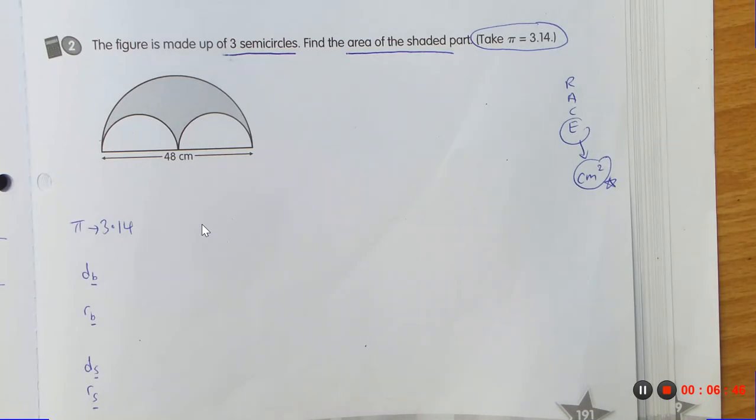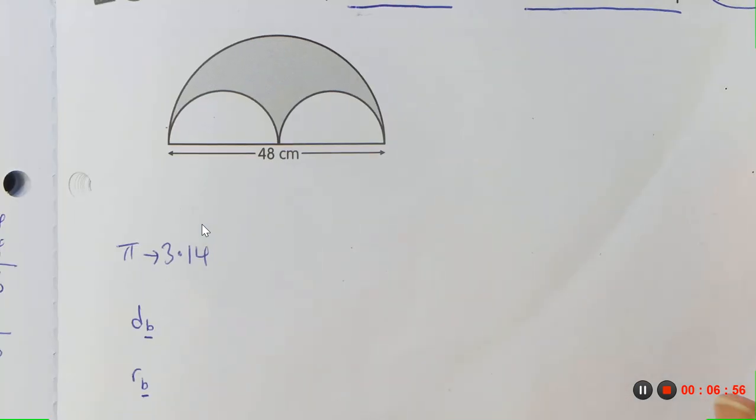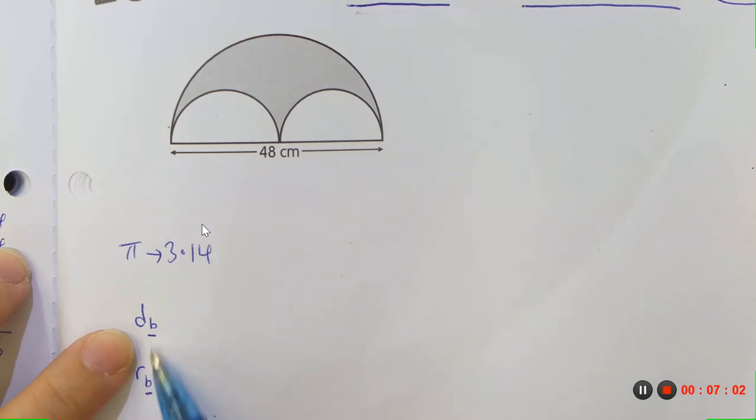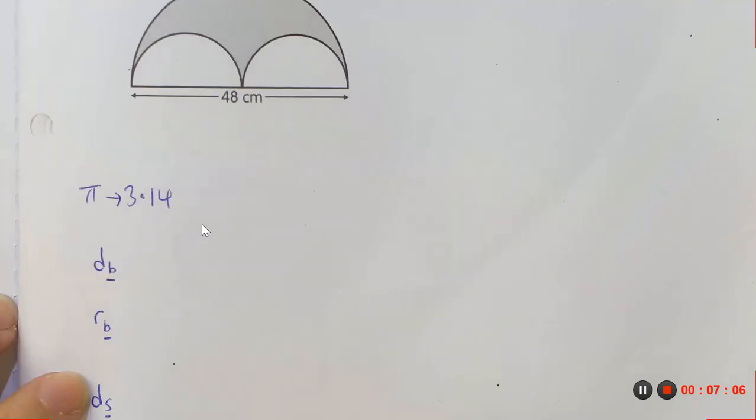Then D for diameter, R for radius. I have two sets of measurement. Why? Very good, perfect. Shang Chen says, because B stands for big semicircle, S stands for small semicircle. Does it make sense to you?